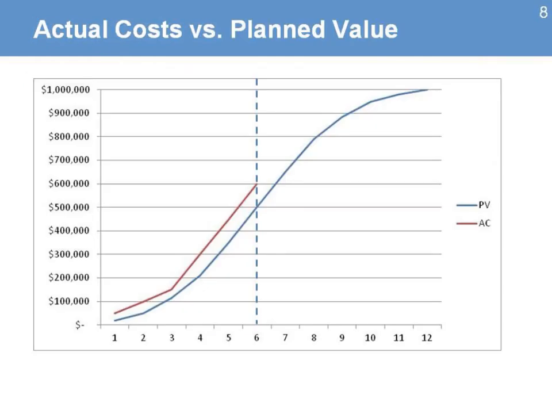Here's the slide where we can create a graph between the planned value in blue and my actual cost. Here we see the difference between those two values. We are halfway through the project. We have the blue line telling us how much we are planning to spend, and the red line tells us where we are in terms of expenses in the project.